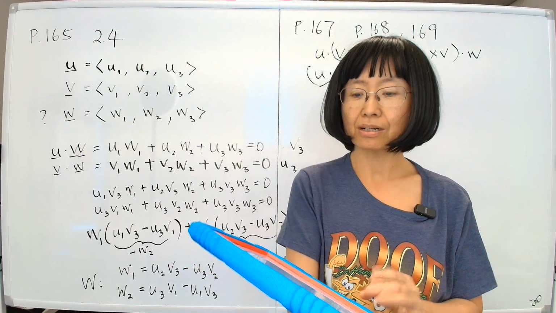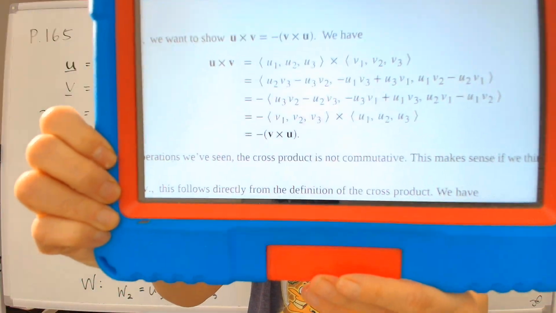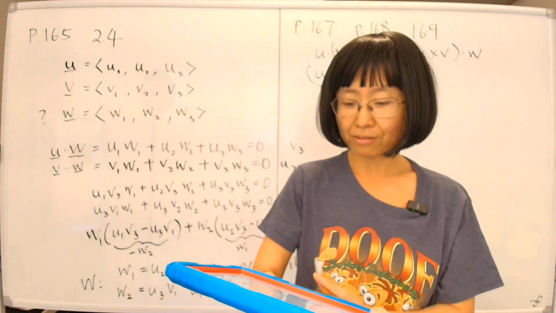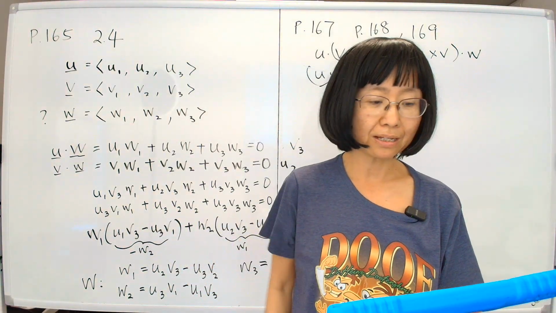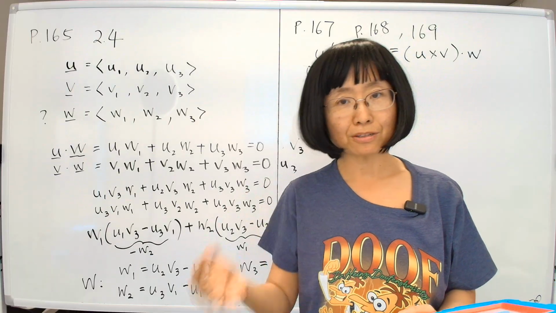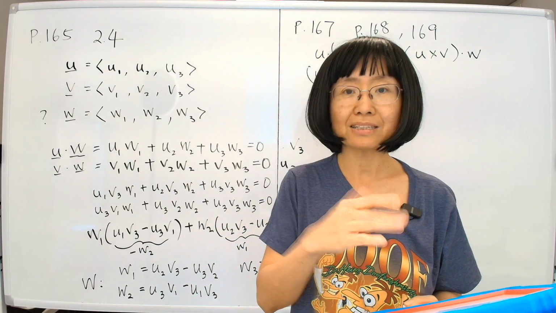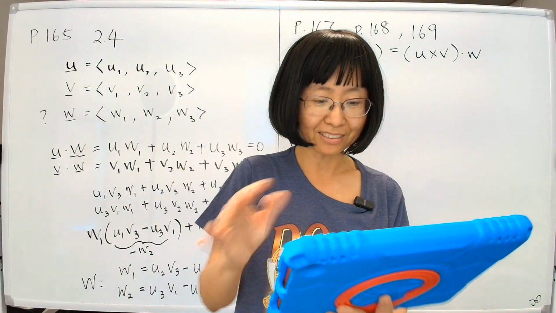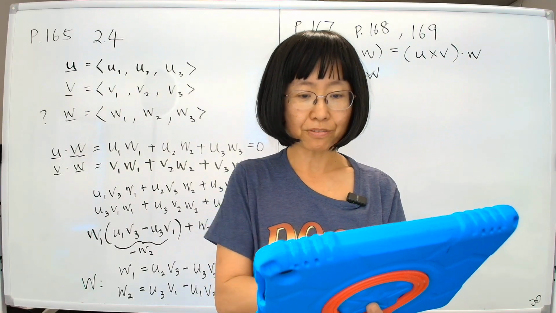For example, u cross v equals negative v cross u, and after you write everything out, you realize that it is. From there, you can also tell that something crossed with itself is 0, because u cross u is equal to negative u cross u. And anything that's equal to the negative of itself has to be 0. Nothing else does that. So please do that as part of your homework. That's the proof of part 1.